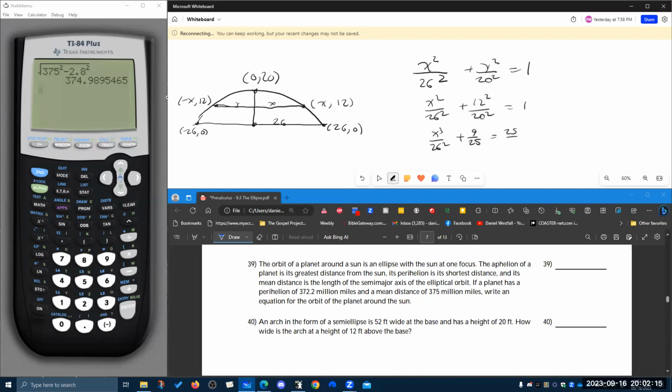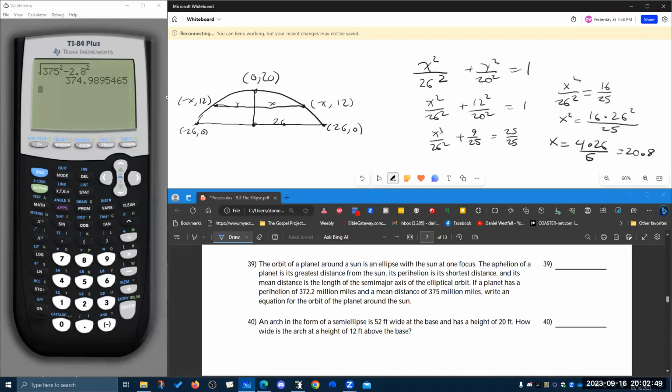And this is going to be 25 over 25. So x squared over 26 squared is equal to 16 over 25. X squared equals 16 times 26 squared over 25. Everything there is a perfect square, making my life nice and easy. 4 times 26 over 5 is going to be exactly 20.8.